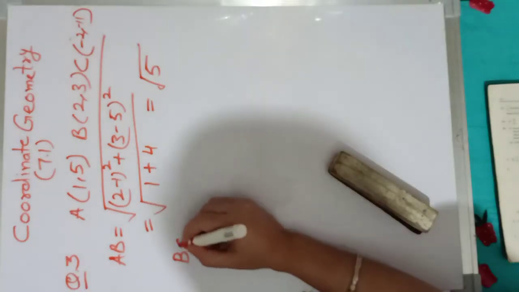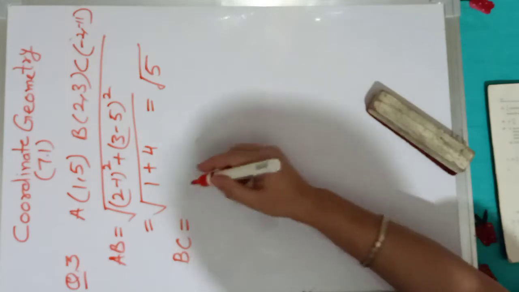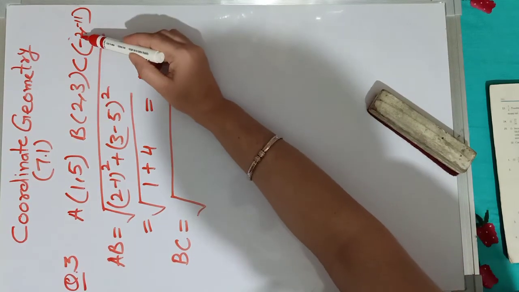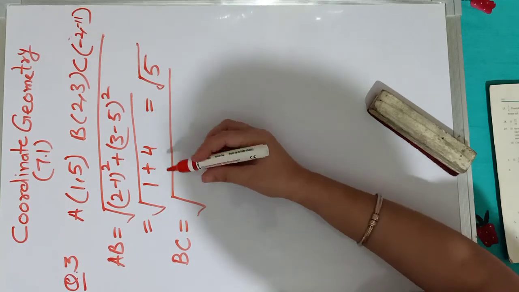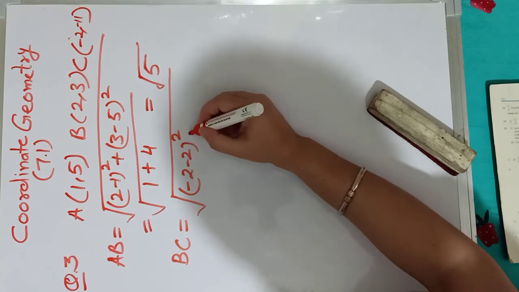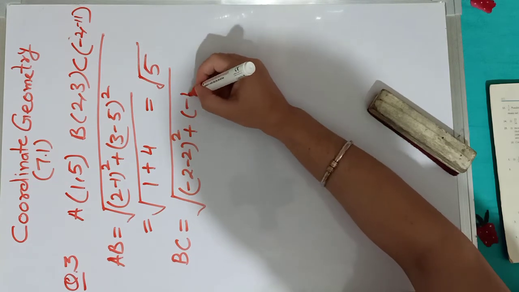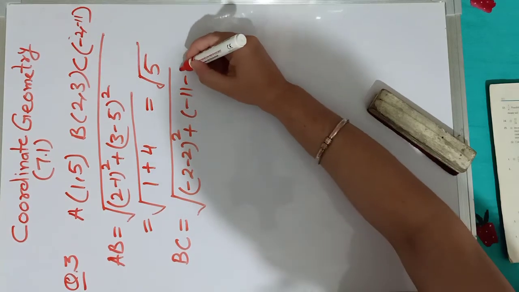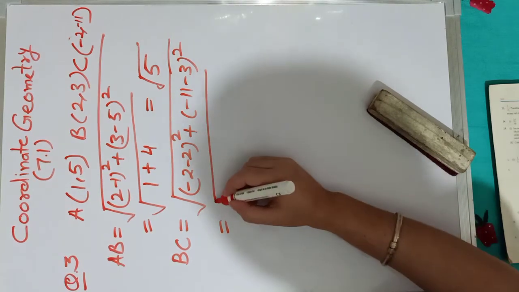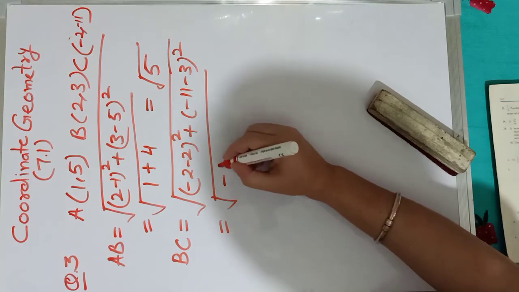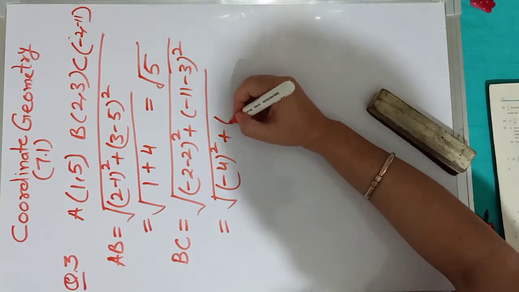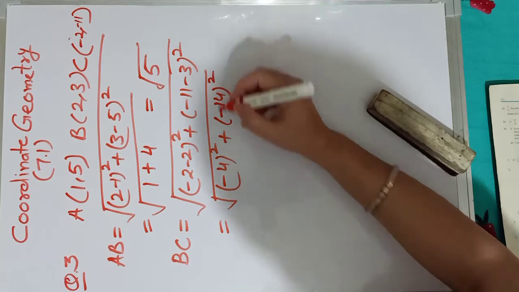Now find the distance BC. B and C. So x2 minus x1 means -2 minus 2, whole square, plus -11 minus 3 and its square. -2 minus 2 will give you -4, -11 minus 3 is -14.